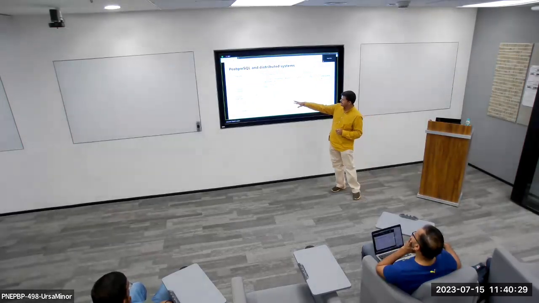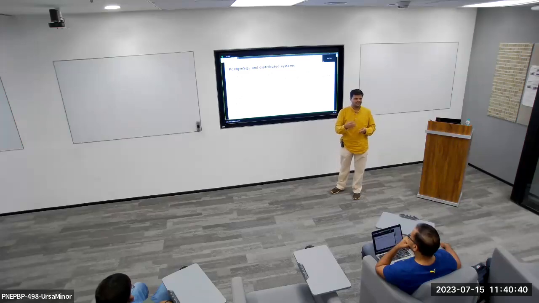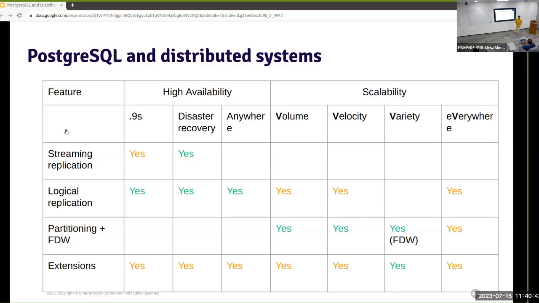And basically what I have done in this slide is I have graded them based on the capability that they provide. For example, streaming replication, you won't get 5 nines there.